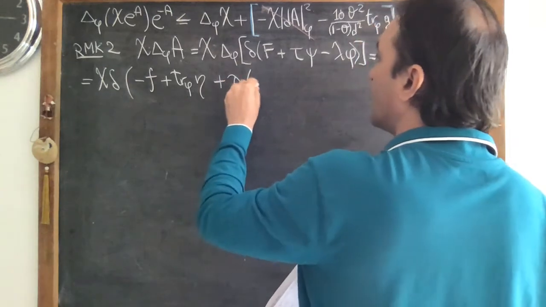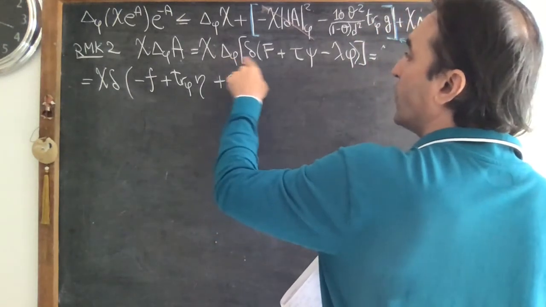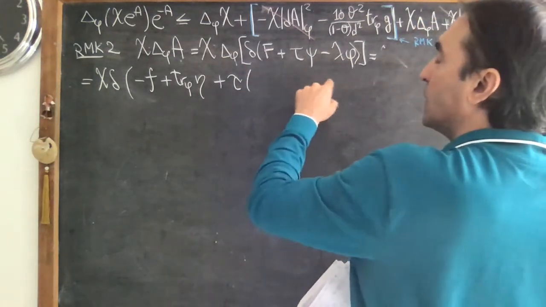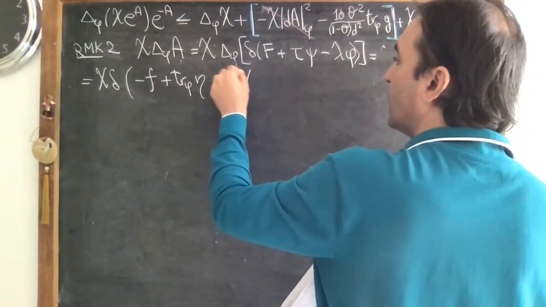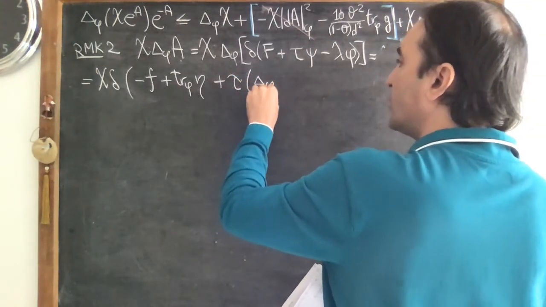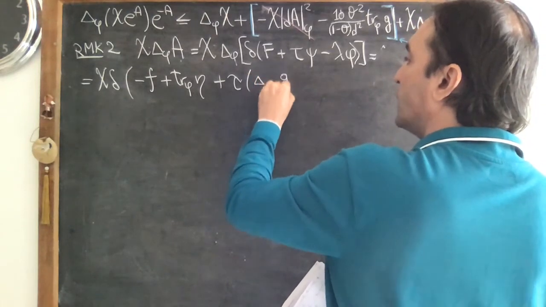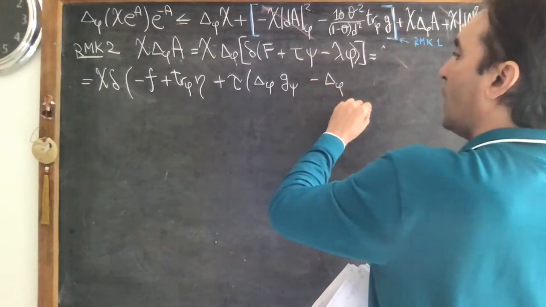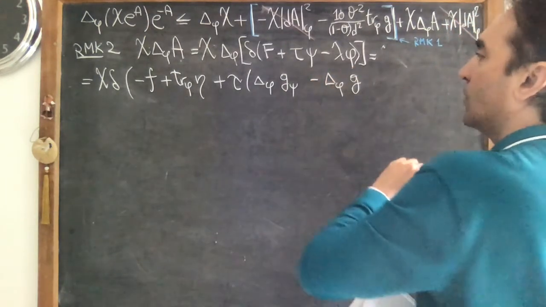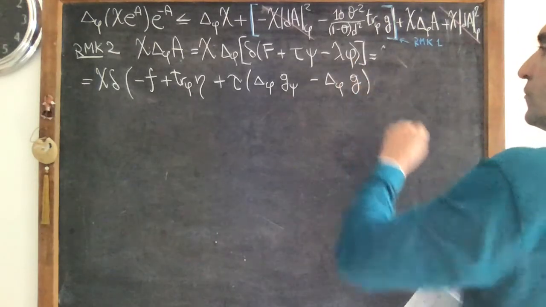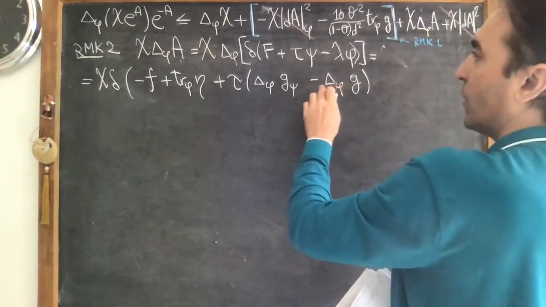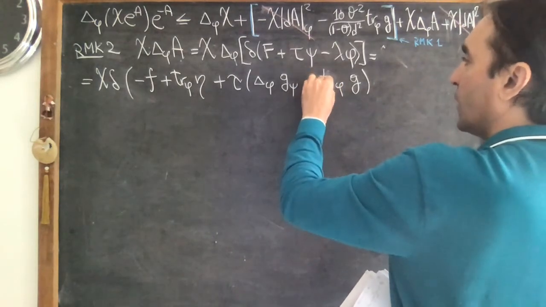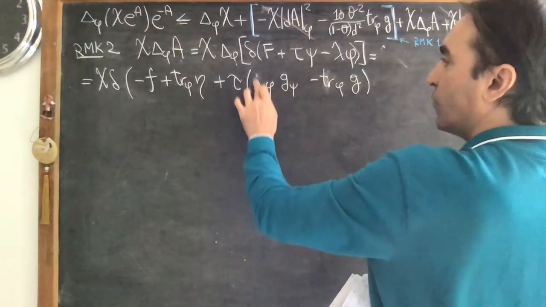And instead of writing just the Laplacian applied to psi, we add and subtract the metric g to it. So we end up with the Laplacian of phi applied to g psi minus the Laplacian of phi applied to the metric g. Now, according to the notation, it's more correct to write the trace.